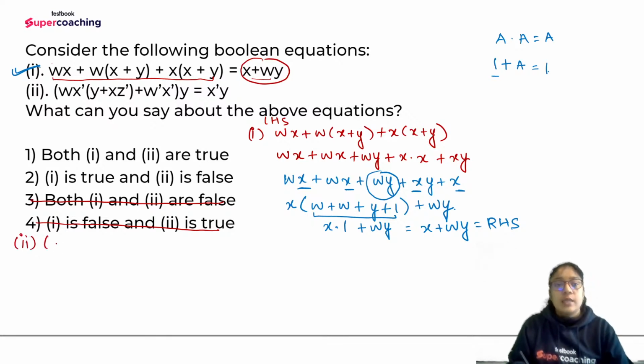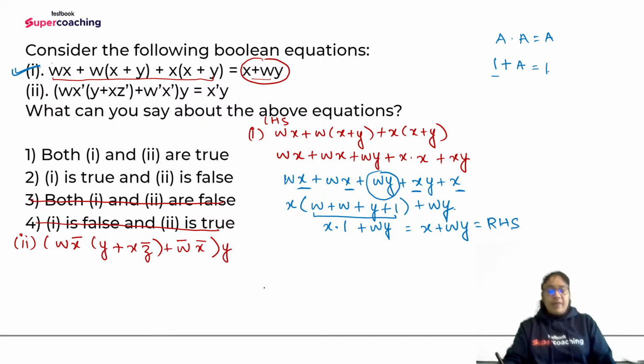Expression is wx complement y plus xz complement plus w complement x complement and y. Simplify this expression and see if you are getting the expression on the right hand side, that is x complement y. So what we need to do here is, again, when you are not getting anything, simply open the brackets.